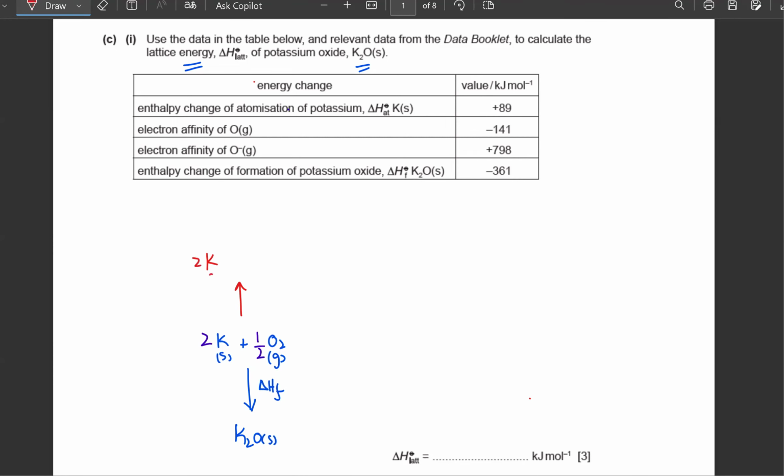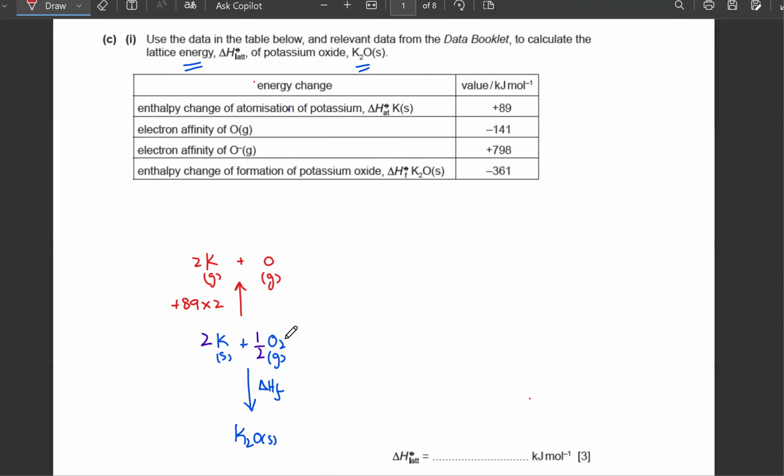So 2 potassiums turning into gaseous atoms and the oxygen gas molecule also turning into gaseous atoms. The atomization of potassium is given over here. That's plus 89, and times 2 because I'm doing it for 2 potassiums.